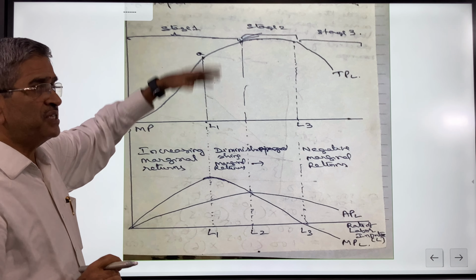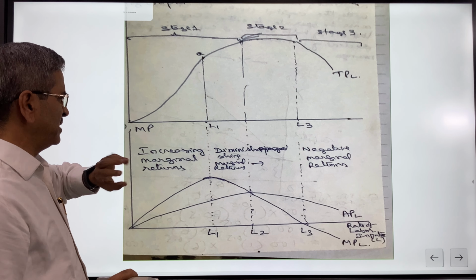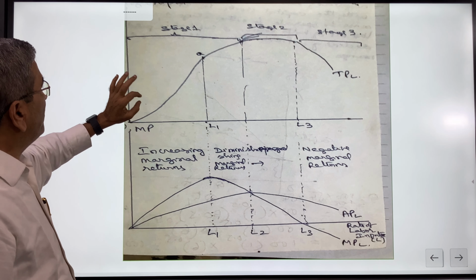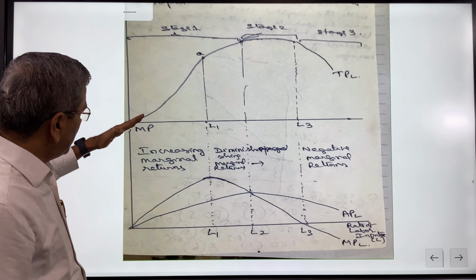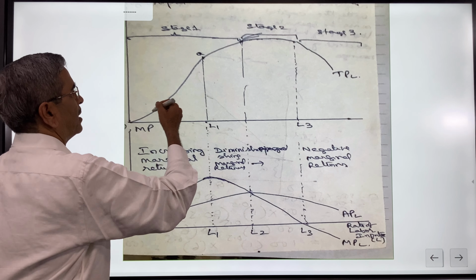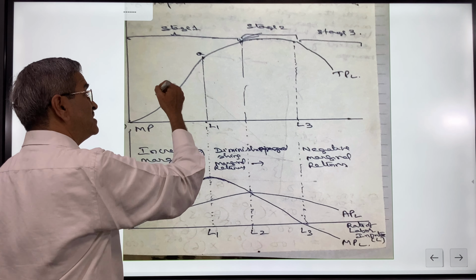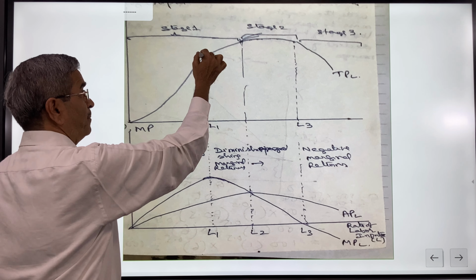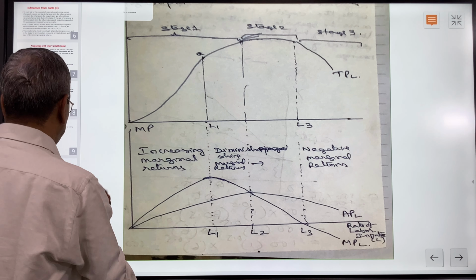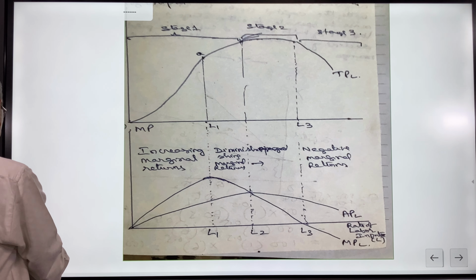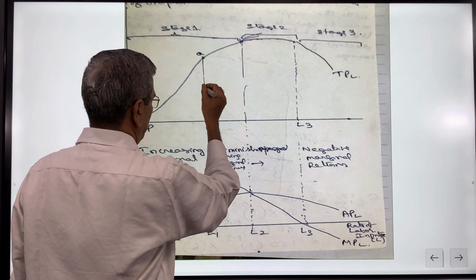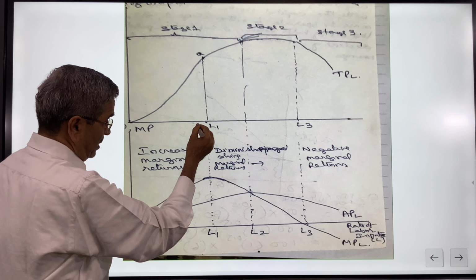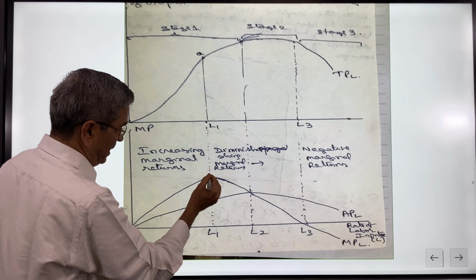Now let me explain the relationship among these three, that is very important. That will take only 3 minutes. Number one, you find here that the total productivity curve is increasing at an increasing rate, up to here. After this point, your marginal productivity is at the peak.